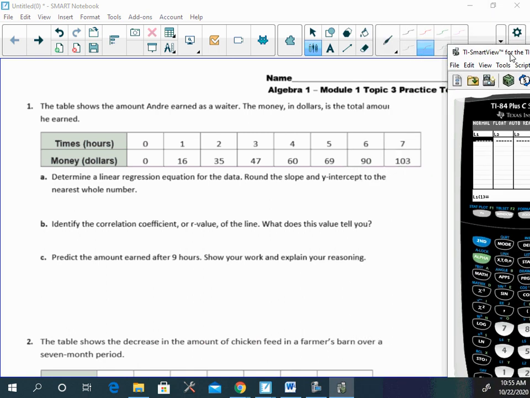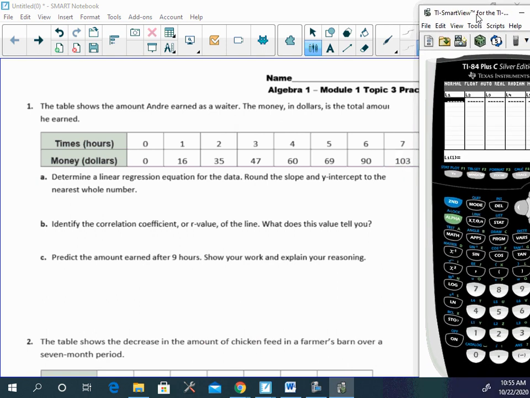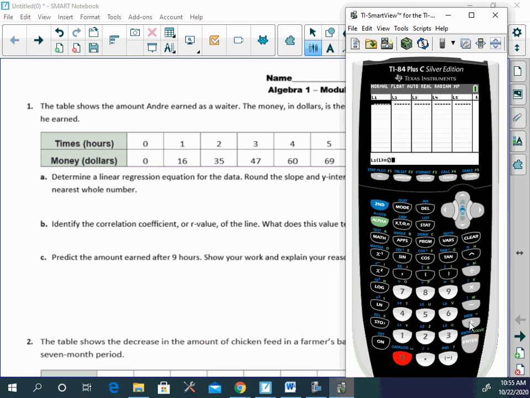And then we just input the data we see here. So in our L1, we're putting 0, 1, 2, 3, 4, 5, 6, and 7. And then we jump over here to our L2, and then we're putting our L2 data.